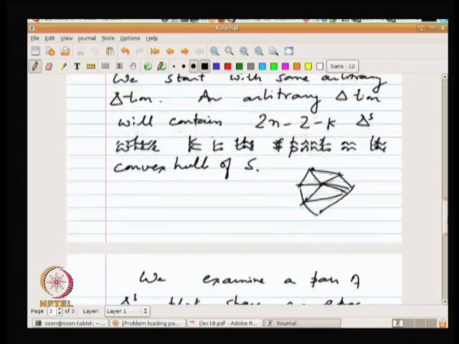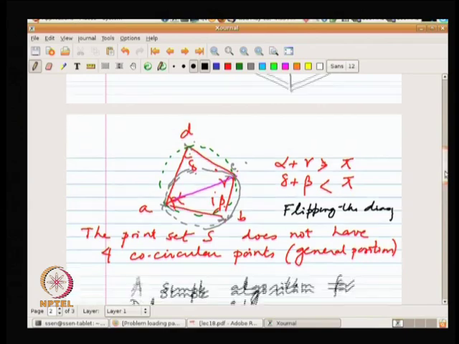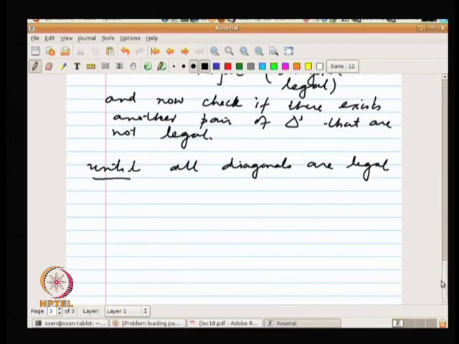Okay. Let us go back to the, okay, let's draw another figure. So, consider again some 4 points.